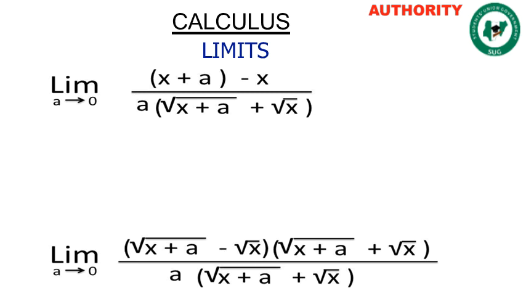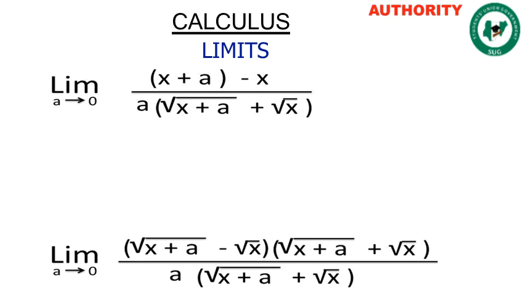Now let's go. We have the limit as a approaches 0 of x plus a minus x all over a times square root of x plus a plus square root of x. If you perform the operation in the numerator, this is what you arrive at.